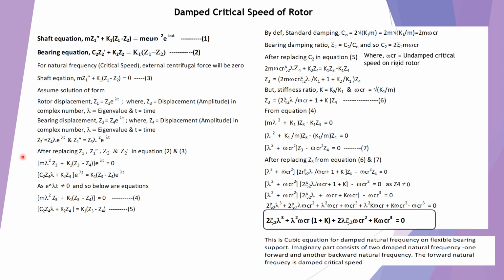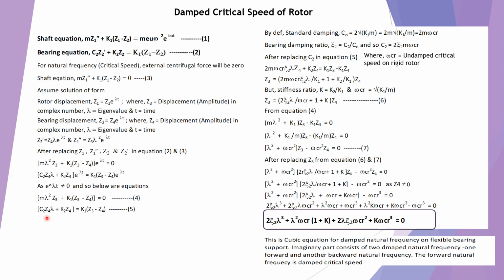After replacing z1'', z2 and z2' in equations 2 and 3, we can write (m λ² z3 + k1 (z3 − z4)) e^(λt) = 0. For the second equation, (c2 z4 λ + k2 z4) e^(λt) = k1 (z3 − z4) e^(λt). But e^(λt) cannot be 0, so below are the equations.